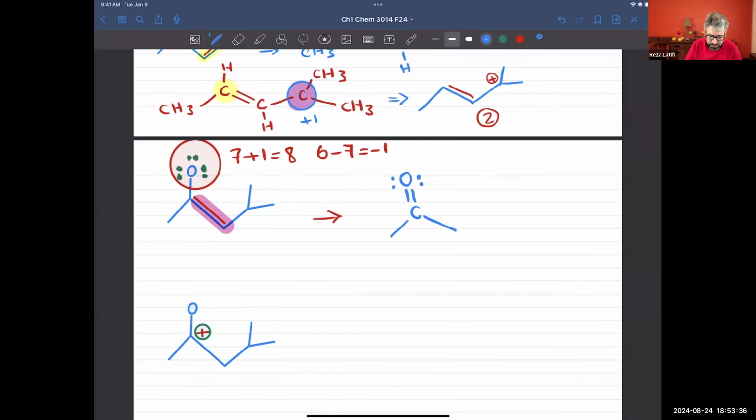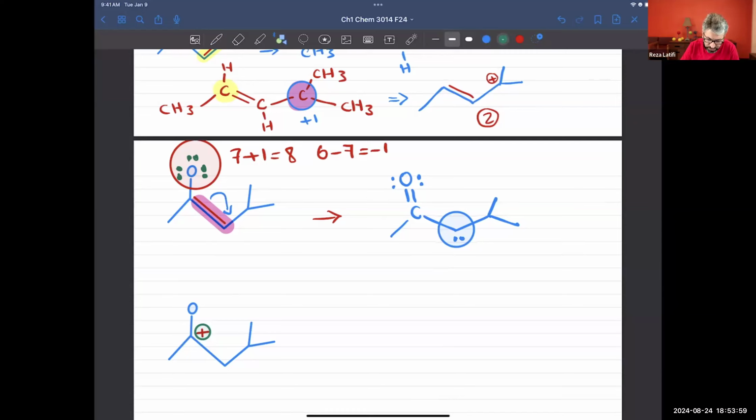And what will happen to the double bond? The double bond will move here. That's going to give us a lone pair on this carbon. Now, be careful about this carbon. That carbon was octet. How do I know it was octet?